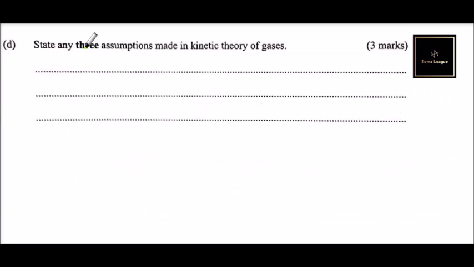Part D, we are told to state any three assumptions made in the kinetic theory of gases. So one of the assumptions is that attraction between the molecules is negligible.